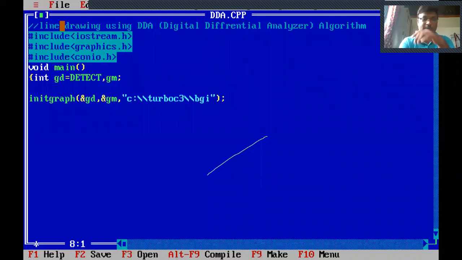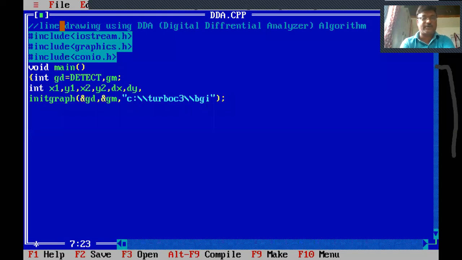Now here you have to declare int x1, y1, x2, y2, dx, dy, because this is the length you require, then i, and then length.